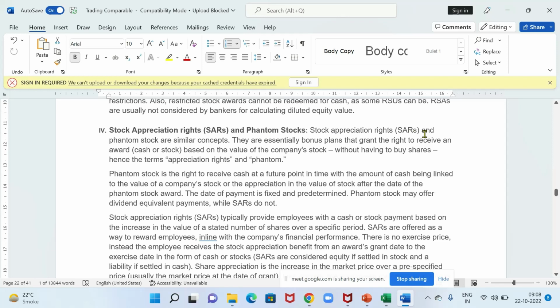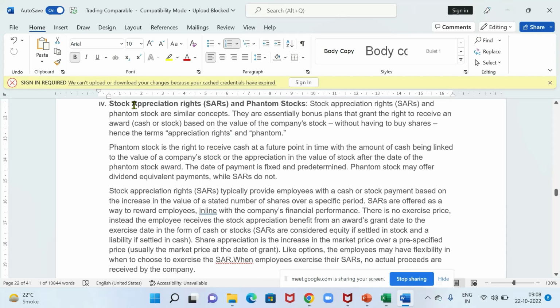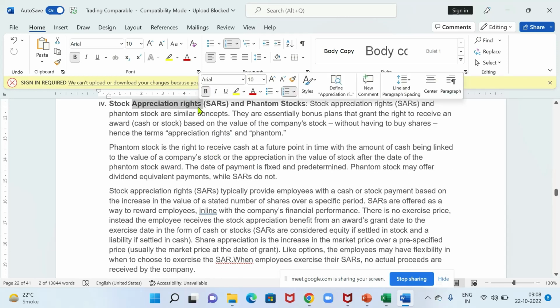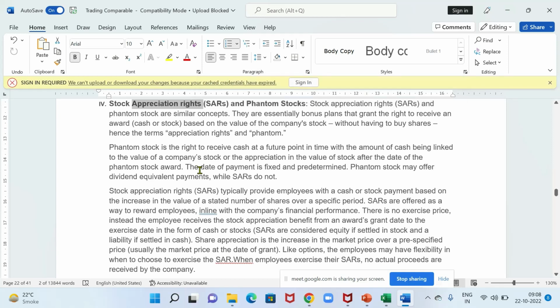They are essentially bonus plans which we grant, and that's the right to receive an award based on the value of the company's stock. Hence the term appreciation rights. Your stock has increased by X amount. This is generally given to the senior most CEOs or the boards or the CXOs of the company.